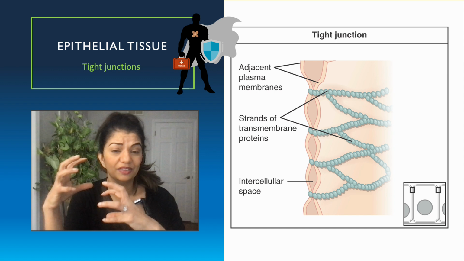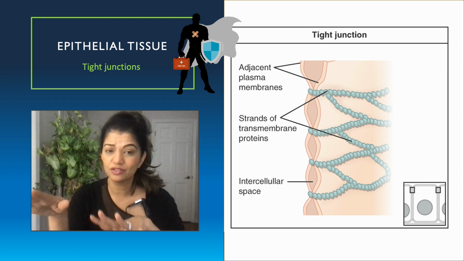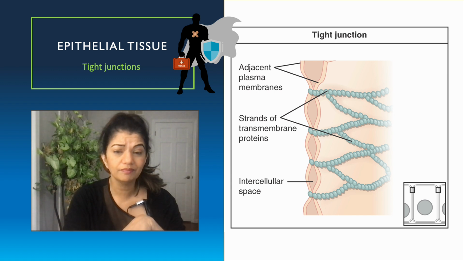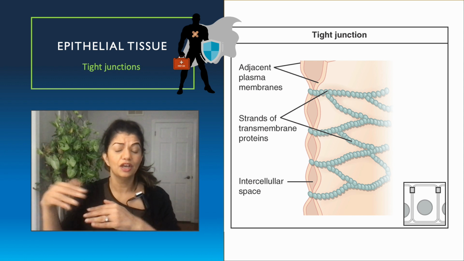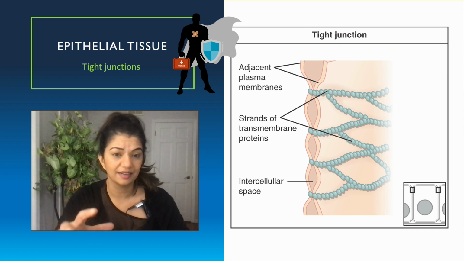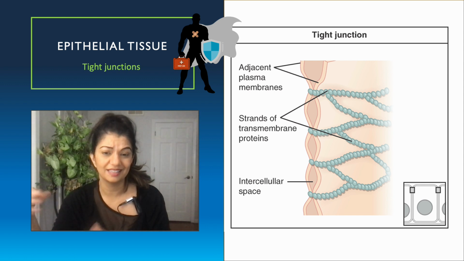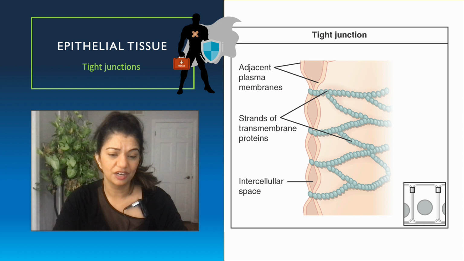And when there are two adjacent epithelial cells in a tight junction, there's no extracellular space between them. So the movement of substances through this extracellular space between the cells is actually blocked. So this enables the epithelia to act as very highly, tightly controlled selective barriers, hence the name tight junction. And you can see the location of these shown in the bottom corner here.